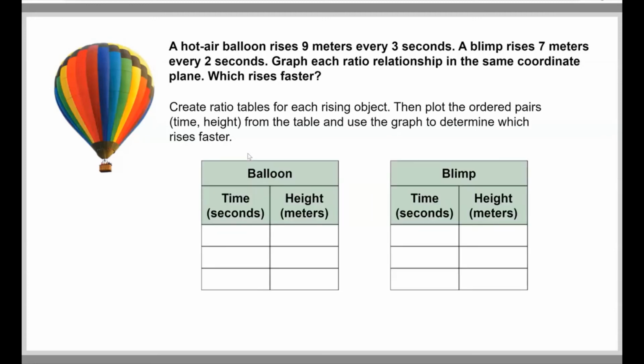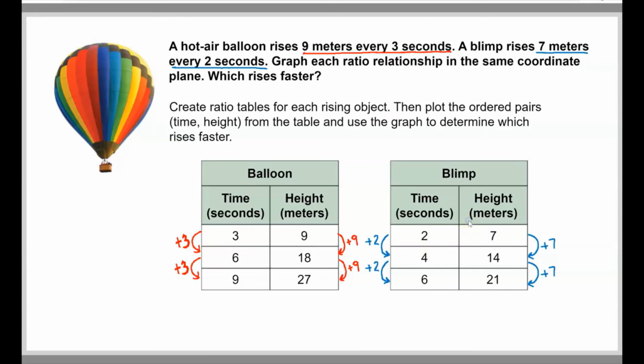So for the balloon, we know it's going 9 meters every 3 seconds. So for time here, we could have 3 with a height of 9, and then 6 with a height of 18, and 9 with a height of 27. For the blimp, rising 7 meters every 2 seconds, we could have 2 and 7, 4 and 14, and 6 and 21.